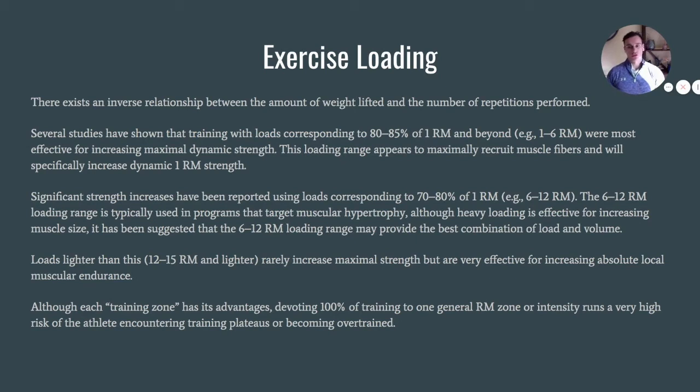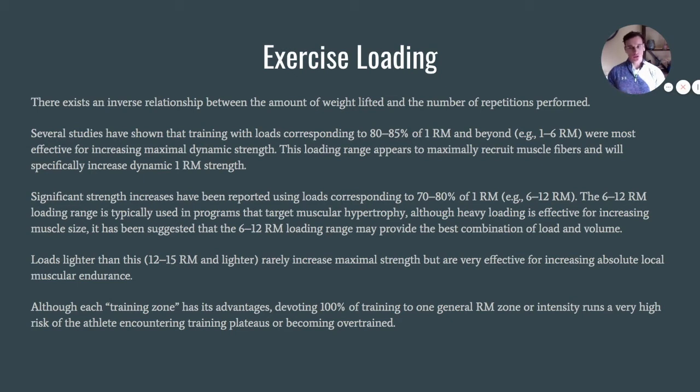Okay, so several studies have shown that training with loads corresponding to 80 to 85% of 1 rep max, so roughly in that 1 to 6 rep max range, are most effective for increasing maximal dynamic strength. Okay, because this loading range appears to maximally recruit muscle fibers to specifically increase 1 rep max strength.